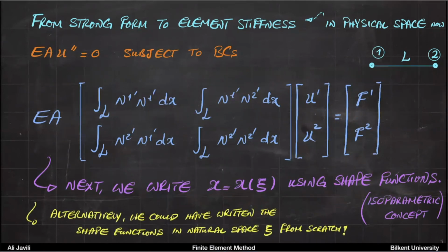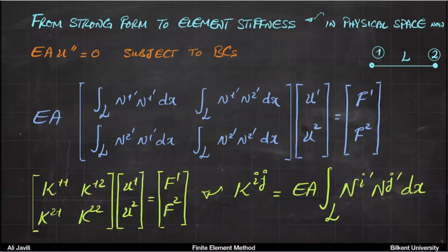Or alternatively, you could have started everything from scratch in natural space, and you would end up with the same result. So this is really the story. But for now, we are here. So we have this system. It looks like K11, K12, K21, K22, U1, U2, F1, F2, and then Kij is calculated like this.